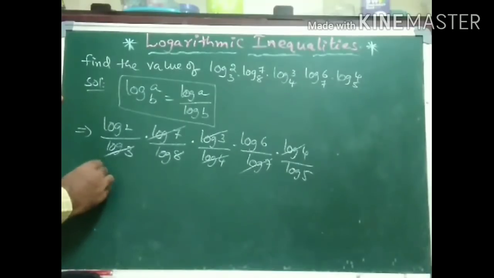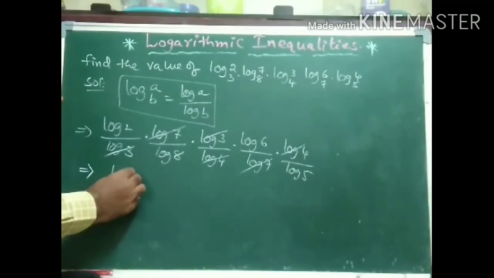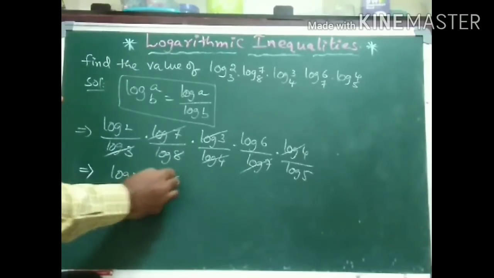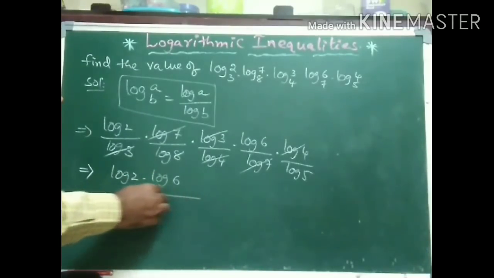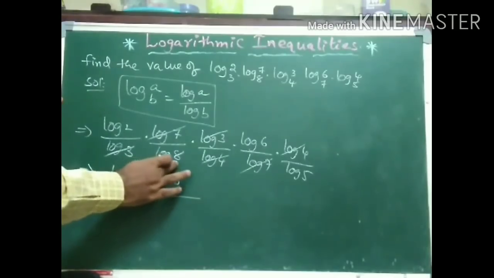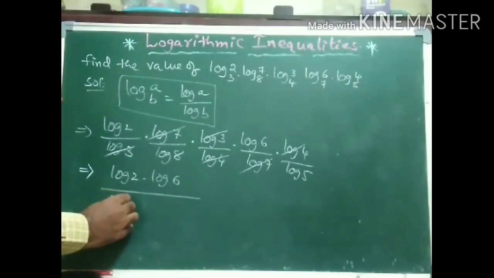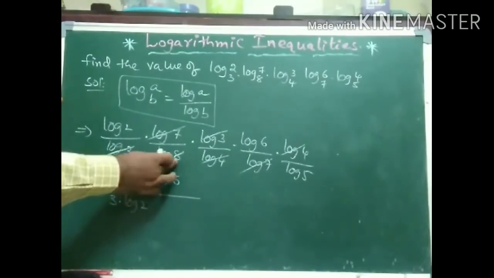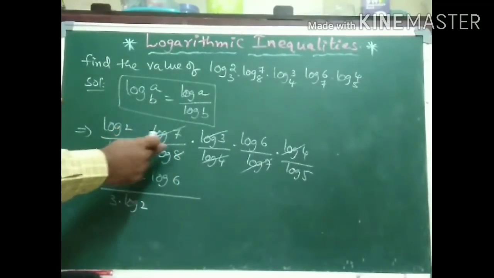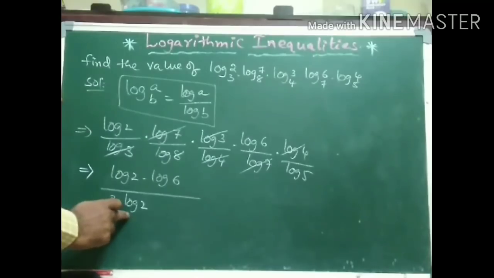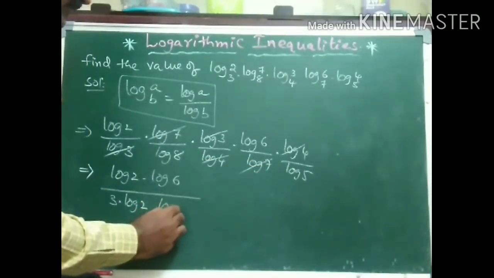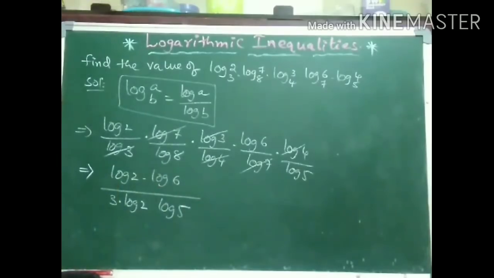Now let us see what is in the numerator. This is log 2 into log 6, which we have entirely divided by log 8. May I write that as 3 log 2, ma'am? Because log 8 I can write as 2 cube, and further, 2 cube, then 3 comes here, 3 log 2. And we have already here log 5. Right?